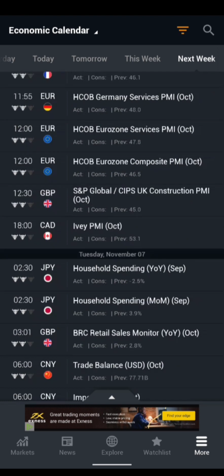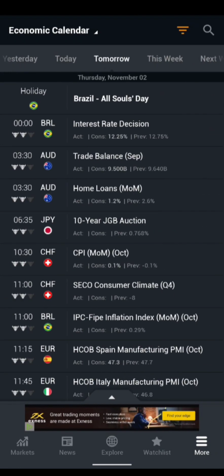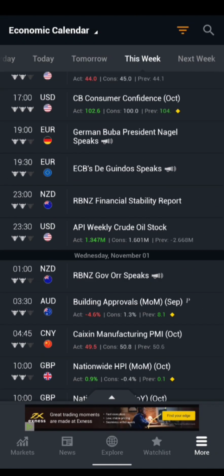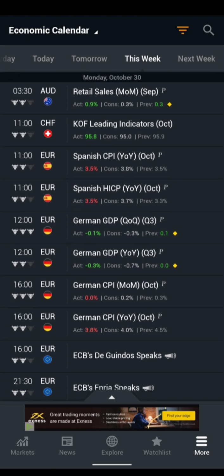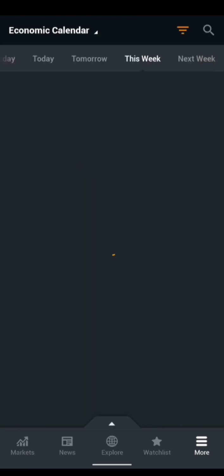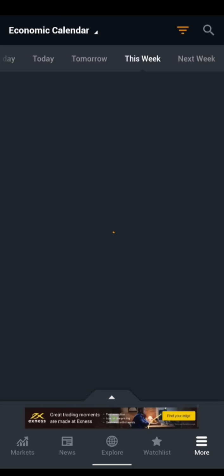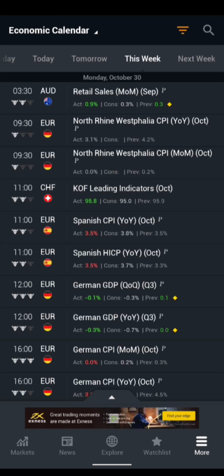So if you check this chart, if you want to customize, let's say for this week, it tells you the news from Monday. For AUD, the Australian dollar, on Monday at 3:30 a.m. we had retail sales monthly for the month of September.